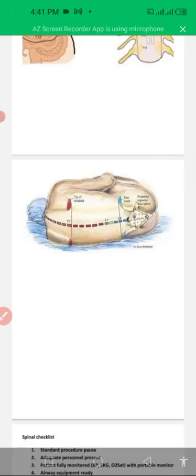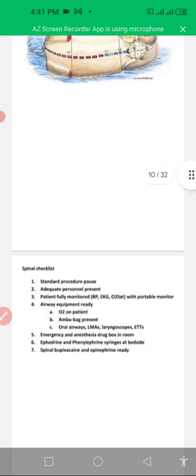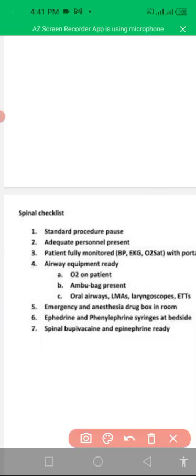This one is a position which can be used for neuroaxial anesthesia, and there is a special checklist for performing neuroaxial anesthesia, like a standard procedure: pause, adequate personnel present, and then the patient fully monitored with BP, EKG, saturation, along with hydration level, blood requirement, and HB, all of which should be measured.